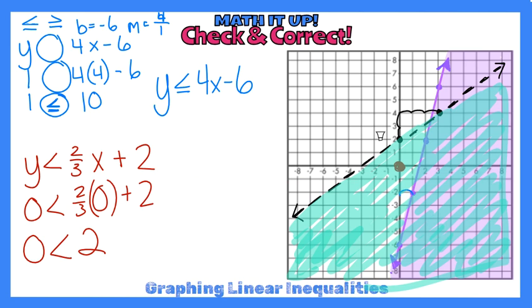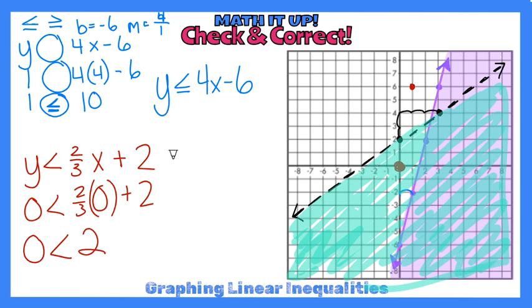Everything up to, but not including the line. Again, if you want to do a second test point or you want to test a point on the other side, you can do that just to make sure you're on track. So we could use (1, 6) and test the other side just to be sure.